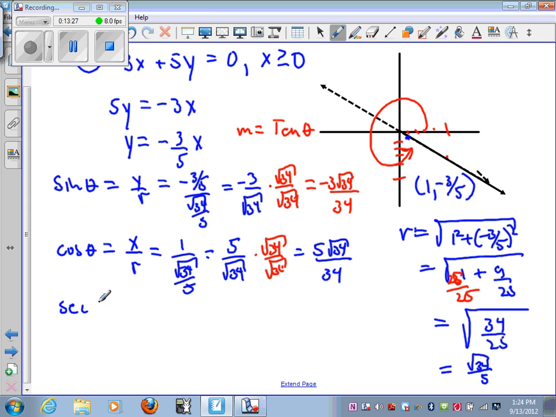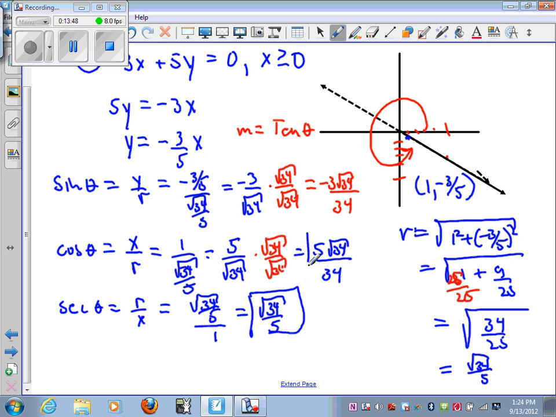Secant is going to be r over x. So this is going to be, r is the square root of 34 over 5, x is 1. So it's just the square root of 34 over 5.